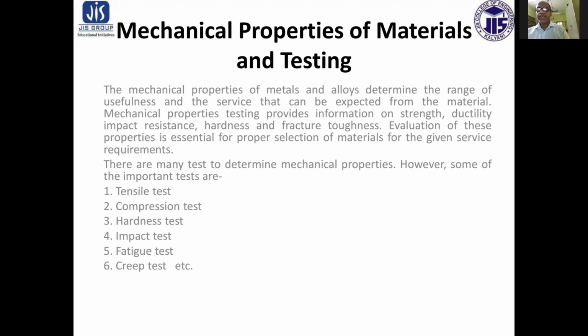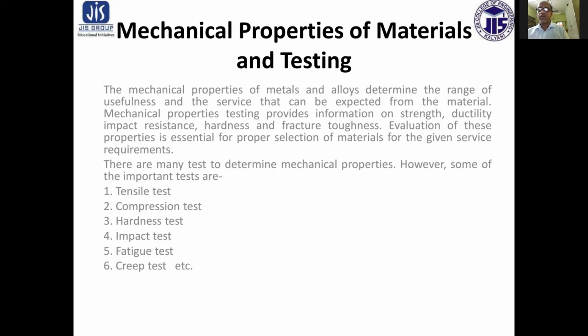The mechanical properties of metals and alloys determine the range of usefulness and the service that can be expected from the material. Mechanical properties testing provides information on strength, ductility, impact resistance, hardness, and fracture toughness.